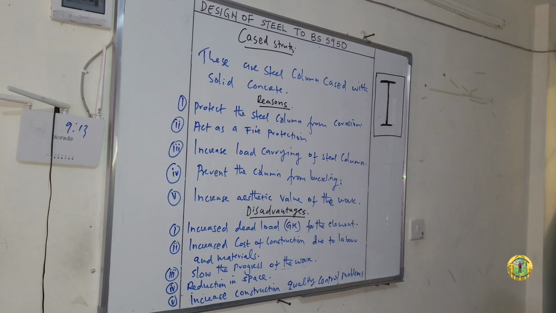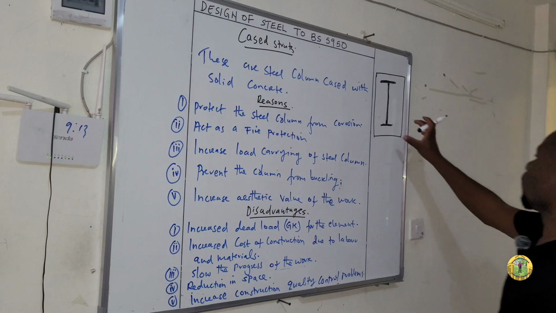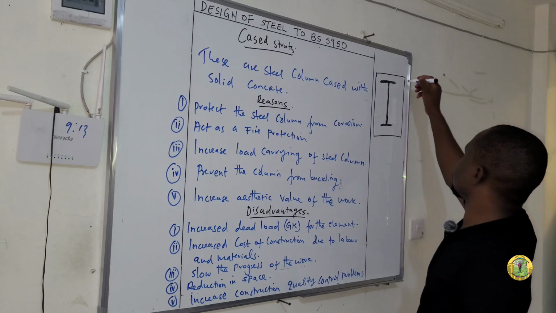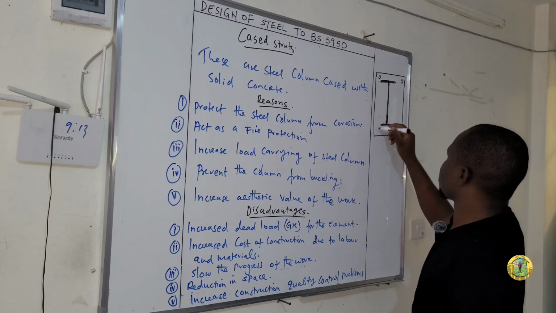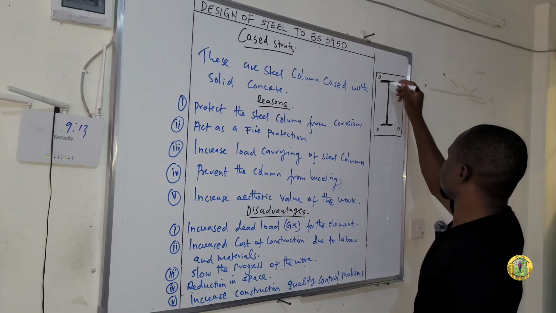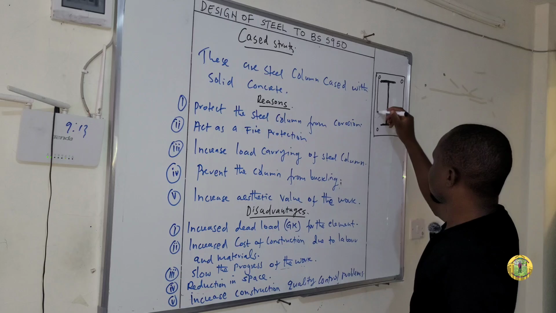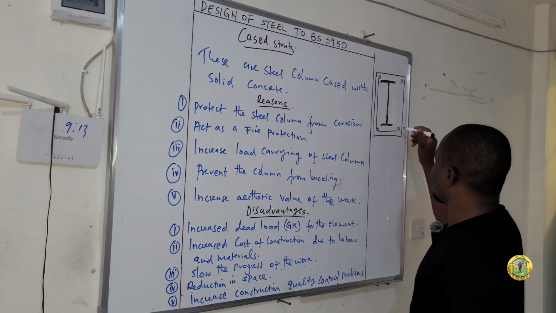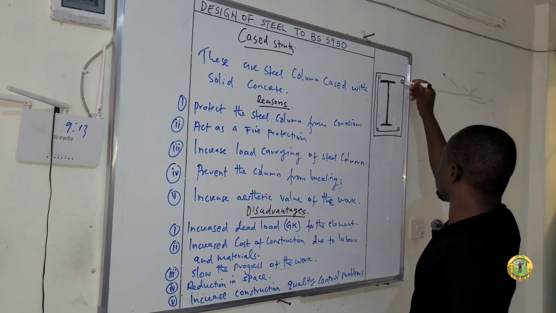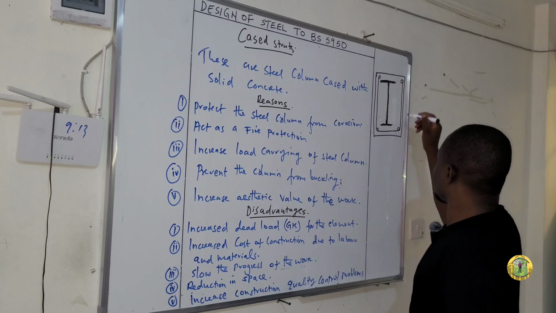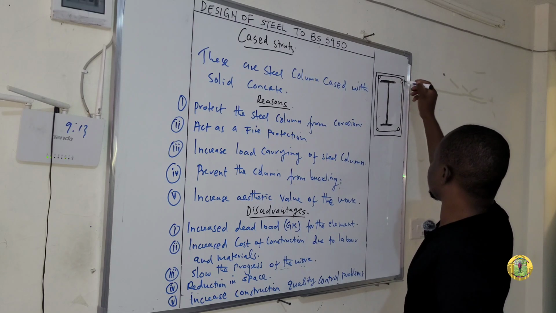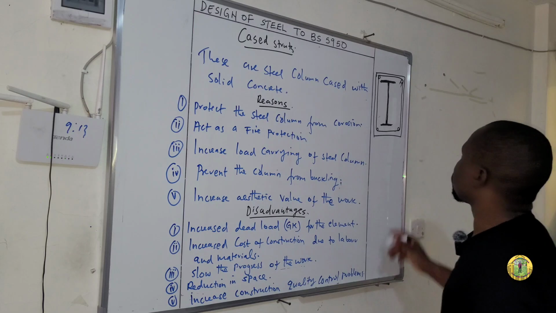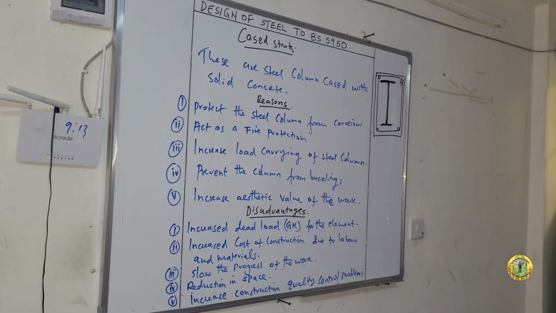So this is what we call a steel inside a concrete column. So this is an example of a cased strut.